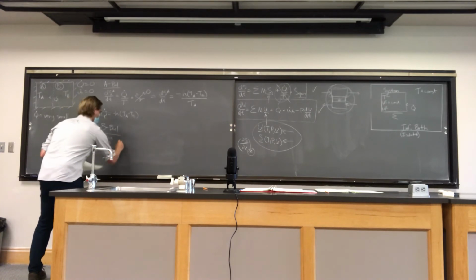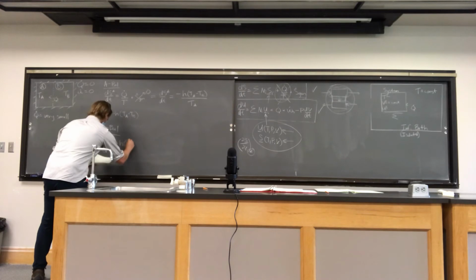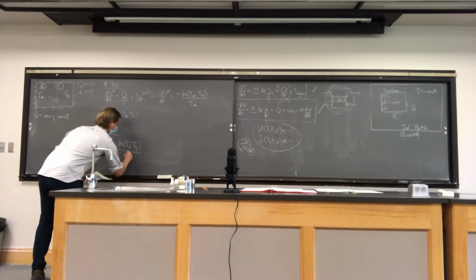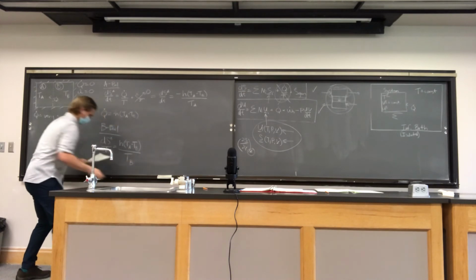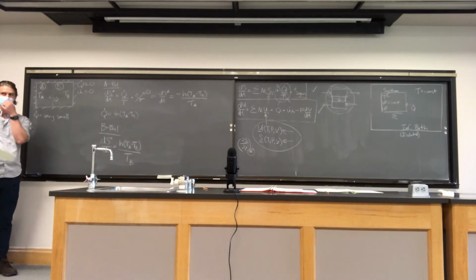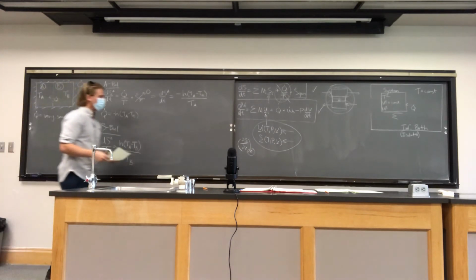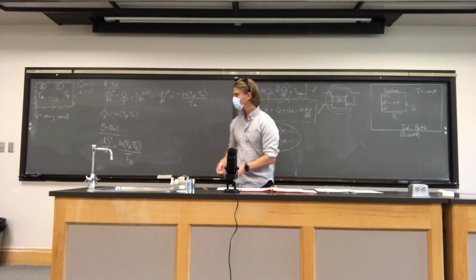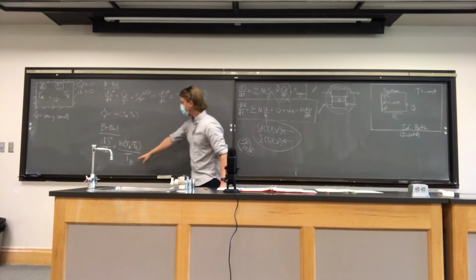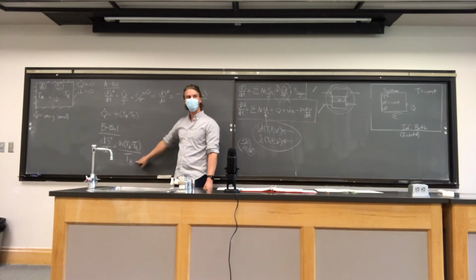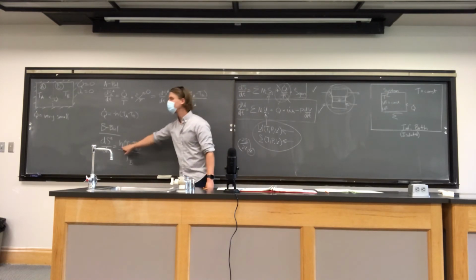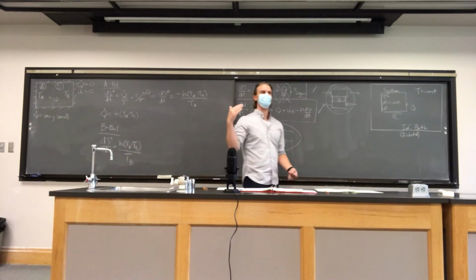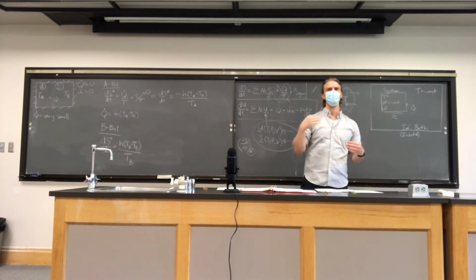And I'll just do all the substitutions here. The only thing that is different is that the temperature of chamber B is different, and that we've changed the sign. So that basically means heat goes from one chamber into the other.